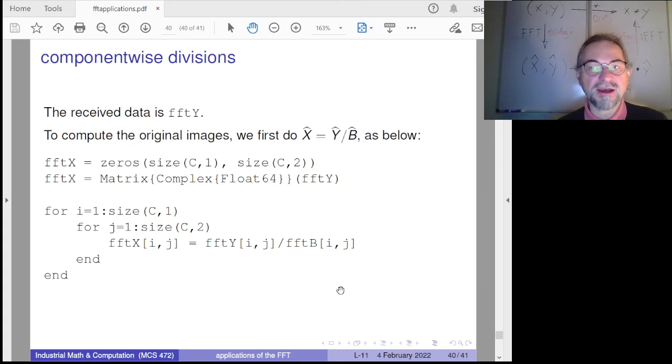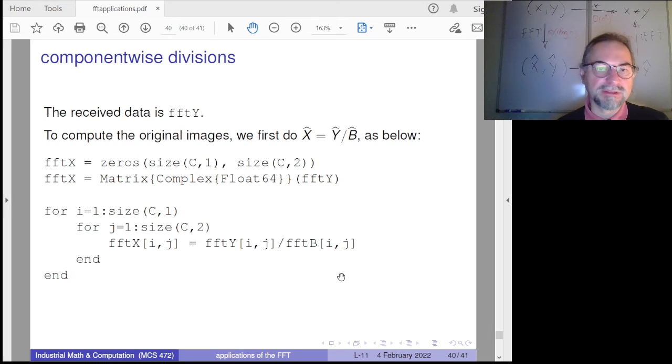So here I have initialized the matrix first as a matrix of zeros, but if you leave off the second instruction, it will not work because the division operator will actually complain, or the division operator will work, but the storing will not work well.